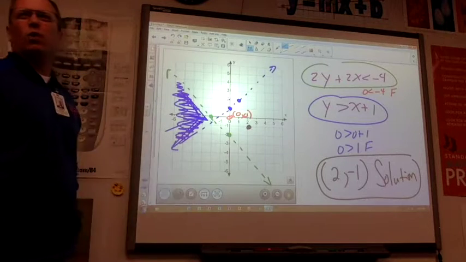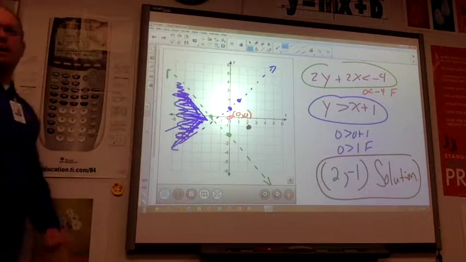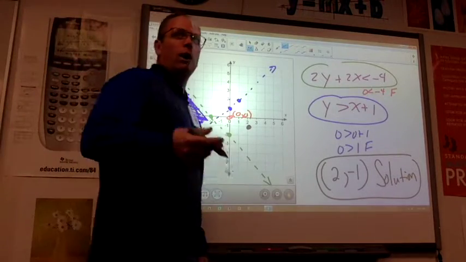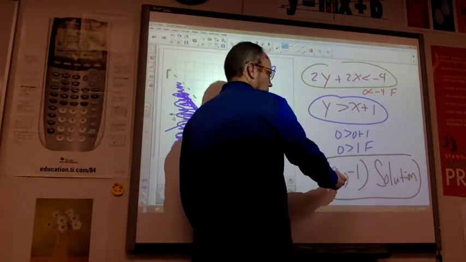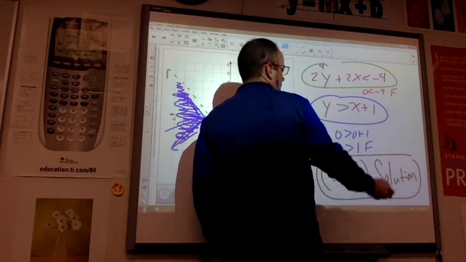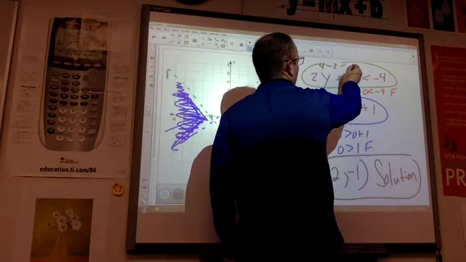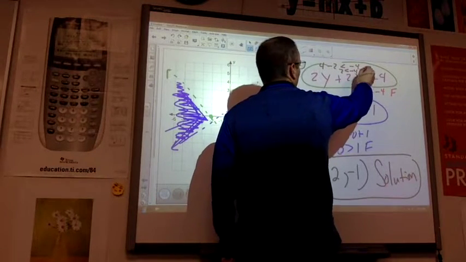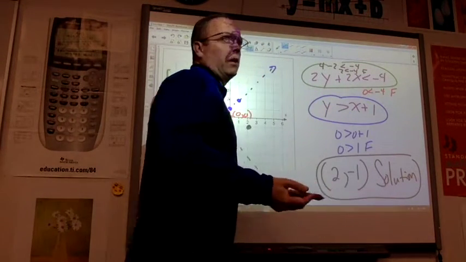But let's say we didn't see a graph. What would you do with the 2 comma negative 1 to see if it would work? Plug it back in. And we're looking for it to be true on both, correct? For it to be a solution. So if this was part of the problem, this would give me what? 4 minus 2 is less than negative 4. So 2 is less than negative 4. That's false. So automatically that tells you right there it's not part of the solution.